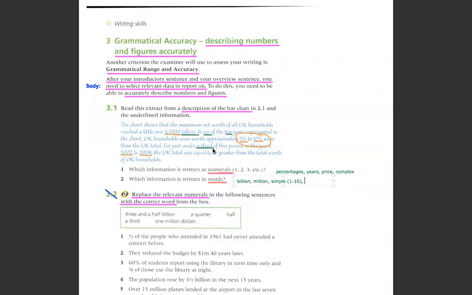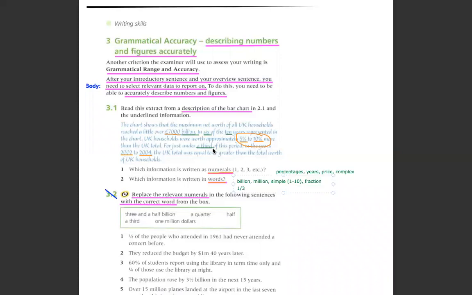A third. In English, it starts with an F. Does anyone know what it's called? A fraction. Okay, if you don't know that word, you can write it down. So fractions would be something like 1 over 3.